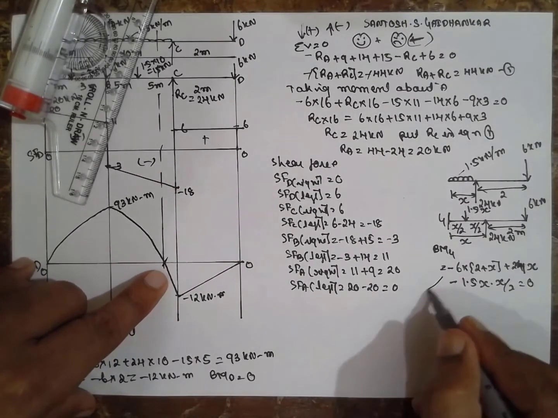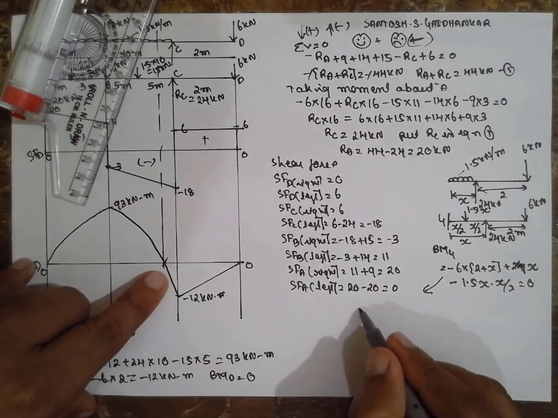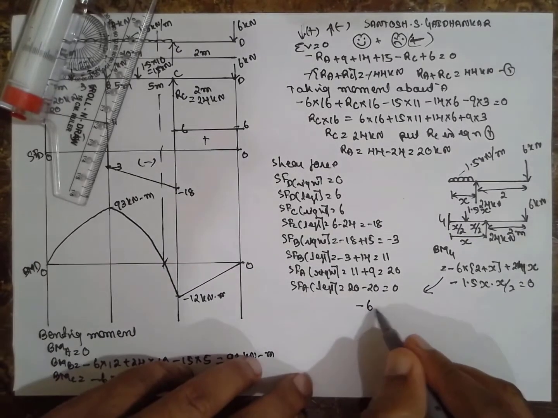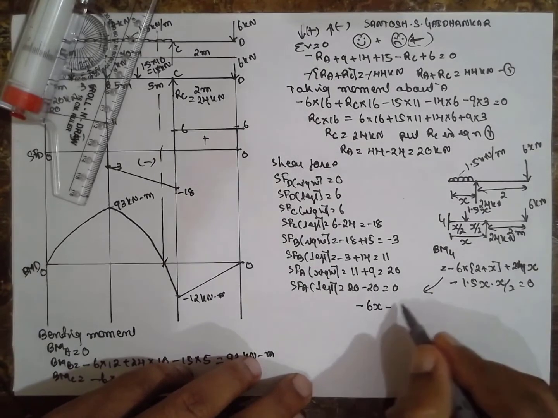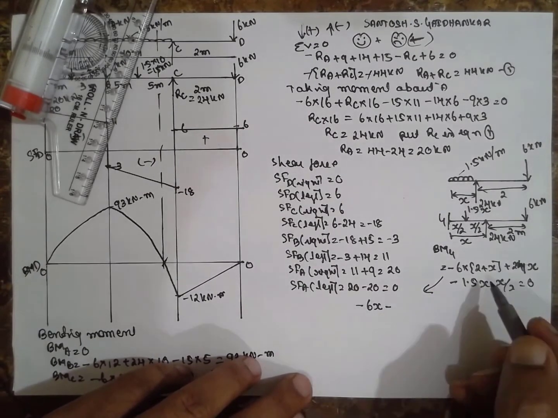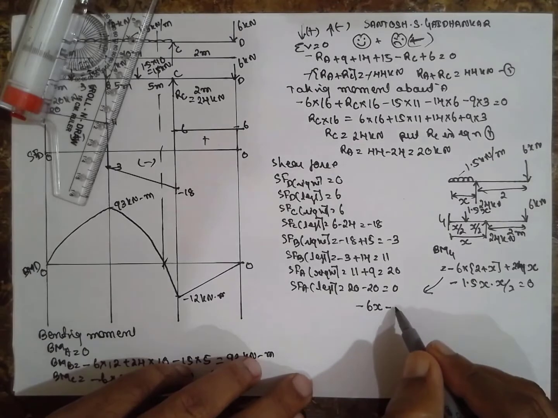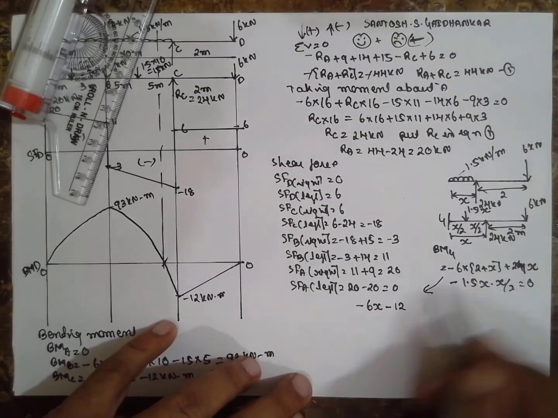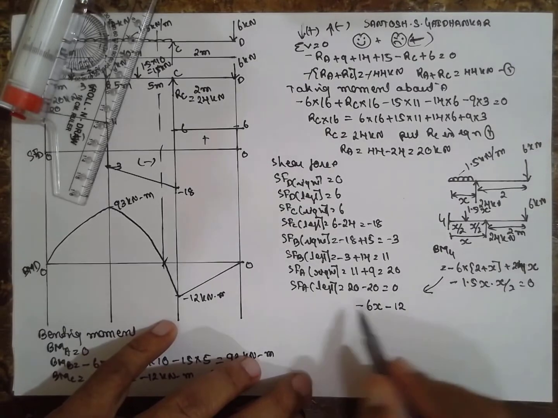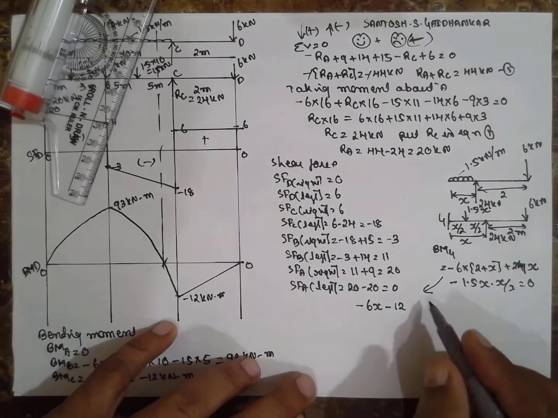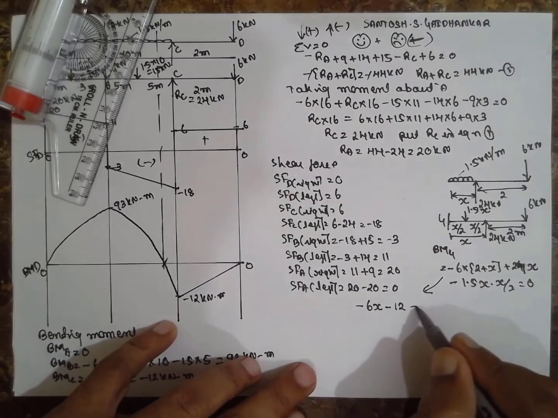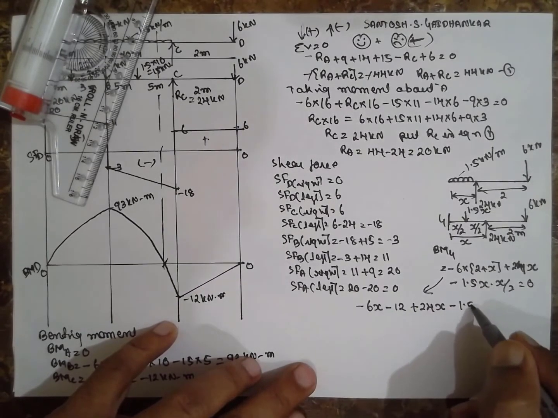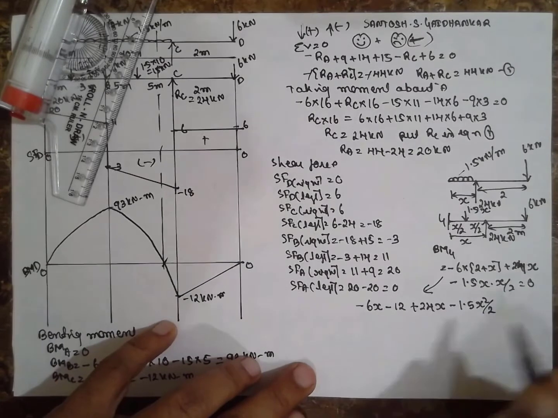Multiplying the term: minus 6x minus 12, plus 24x minus 1.5x squared divided by 2.